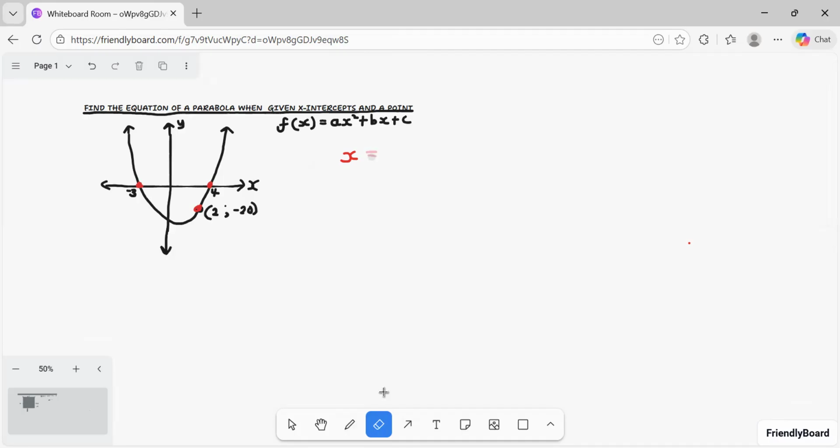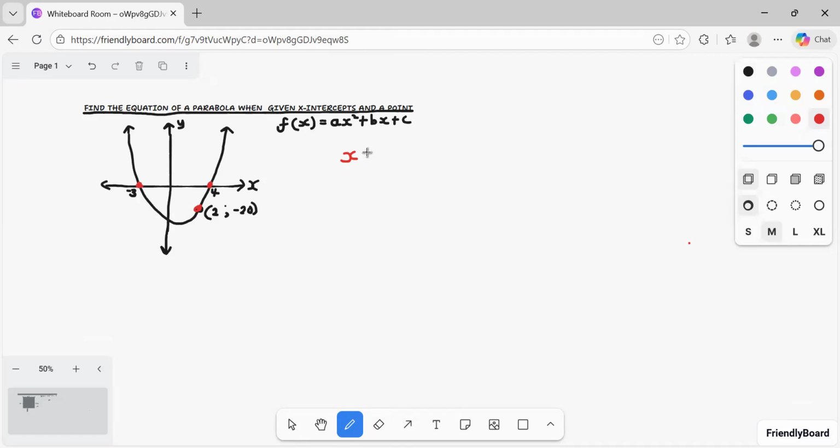Let me just write it here. I call it the x-intercept form.